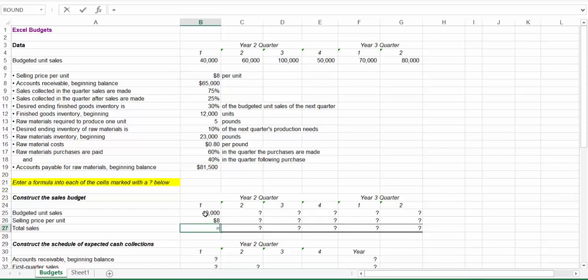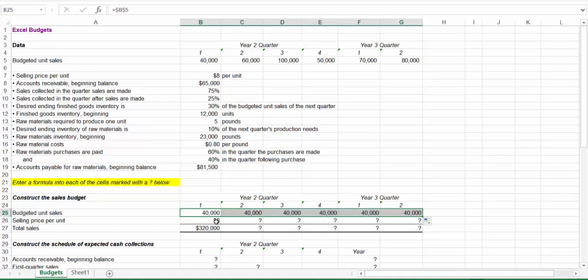So our sales are going to be equal to the number of units we sell times the selling price per unit. Now if you make this an absolute reference, you can make your life easy, and then we'll just drag that across. Same thing with the 8. Make the 8 an absolute reference by clicking on F4, by the way. Drag that across, and then drag your formula across, and you have all of your sales.